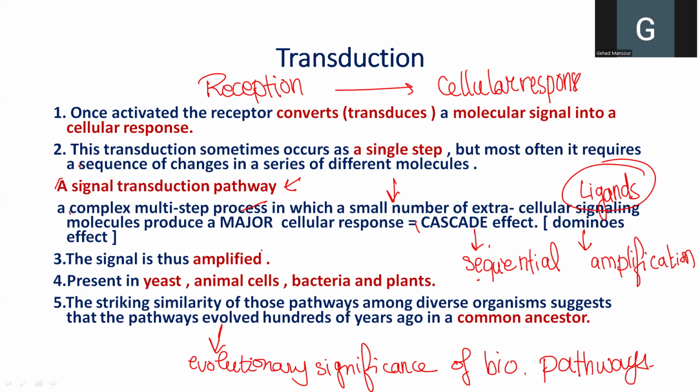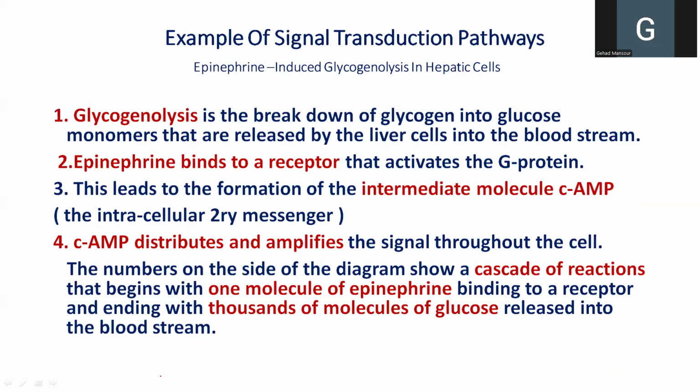So it's widespread in living organisms, and meanwhile there is similarity. So we have to focus on two main points. The first one is the widespreadness of those chemical pathways, and the second point is the similarity of those biochemical pathways. This is very interesting to prove that there were some common ancestors in the past.